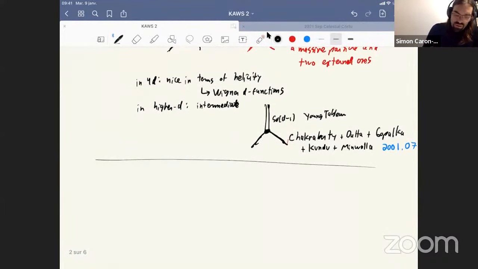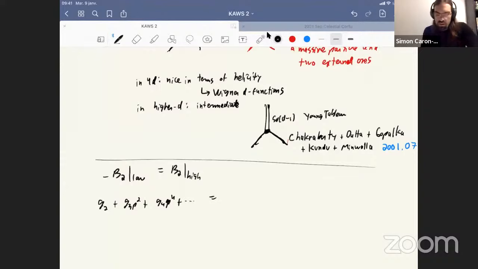That gives some relation along the lines of g2 plus g3 p squared plus g4 plus dot dot dot is equal to an integral over all the heavy states and the mass of the heavy states. Then you have the imaginary part of the coupling, summed over spin.